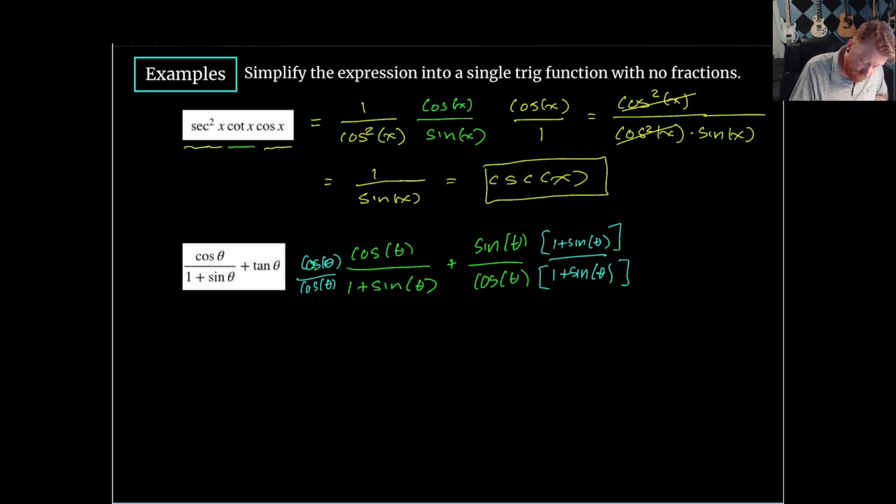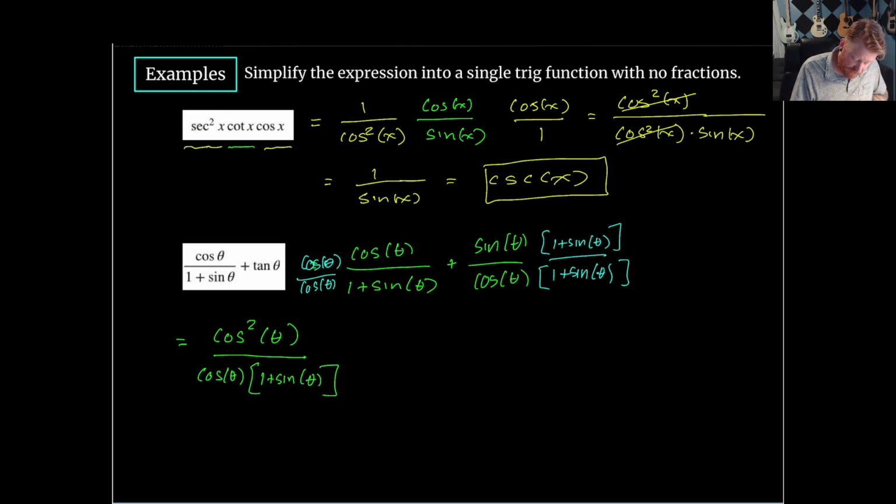But in my next step, I think that I'm getting cosine squared theta over cosine theta times 1 plus sine theta.